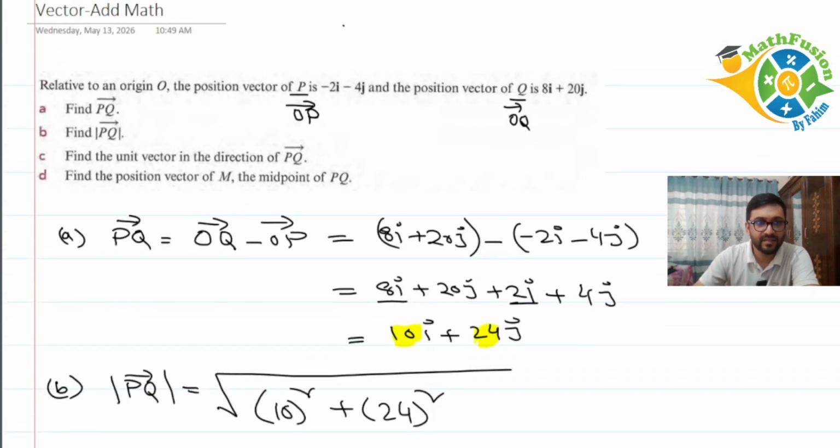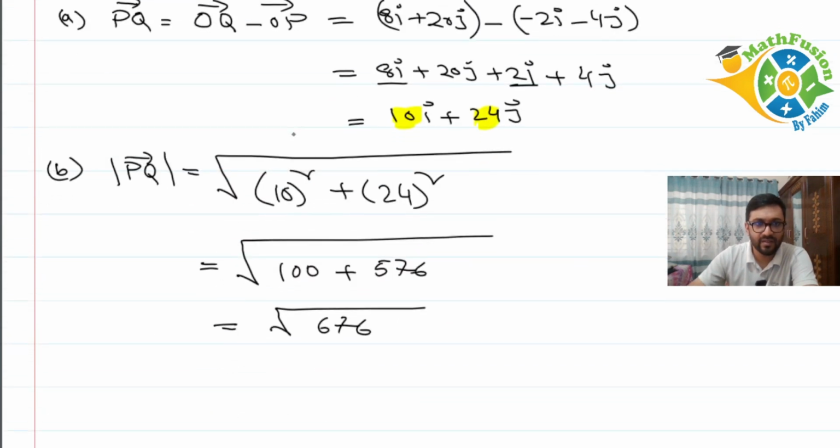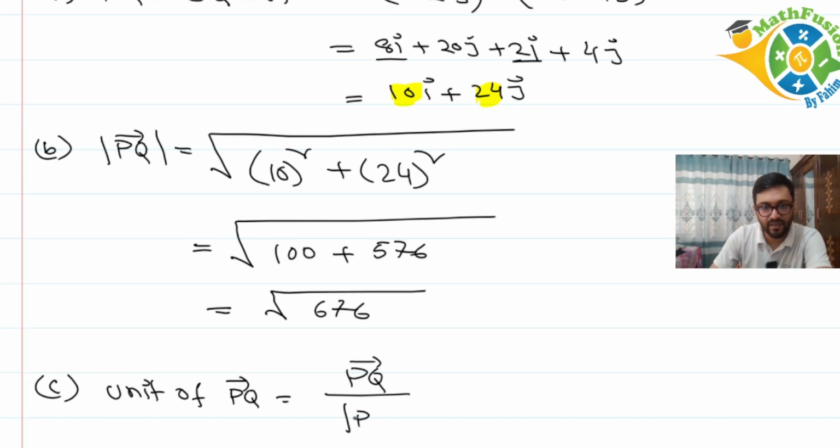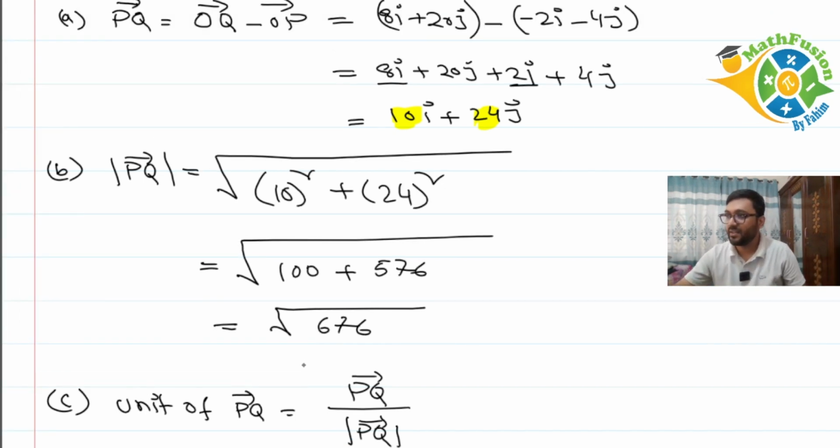Then they tell us to find the unit vector in the direction of PQ. So unit vector, what do you know about unit vector? We know that the unit vector of PQ equals the vector itself divided by its magnitude.